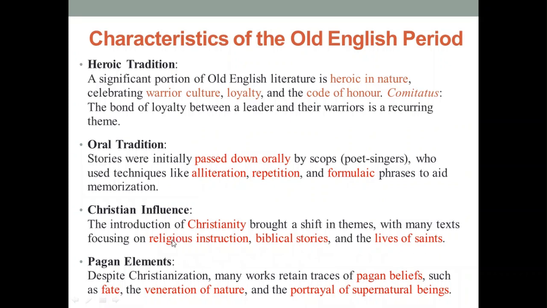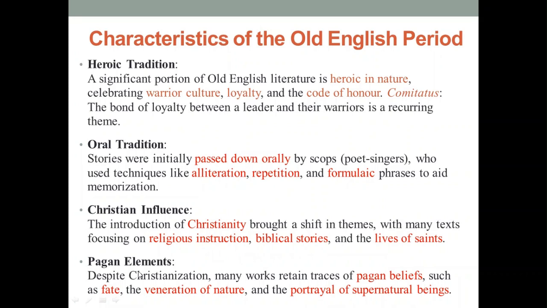Many works give prominence to religious teachings, stories related to the Bible, and the lives of saints, the holy people and monks. So we find Christian influence in Old English literature.